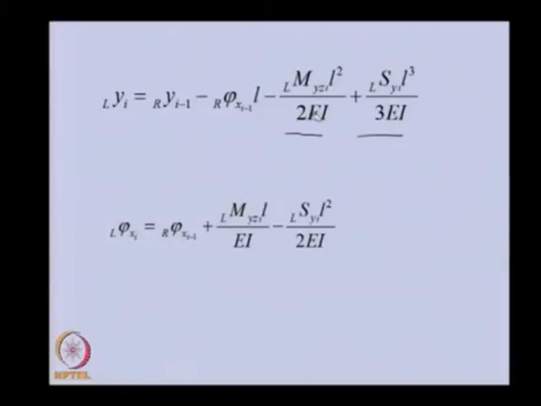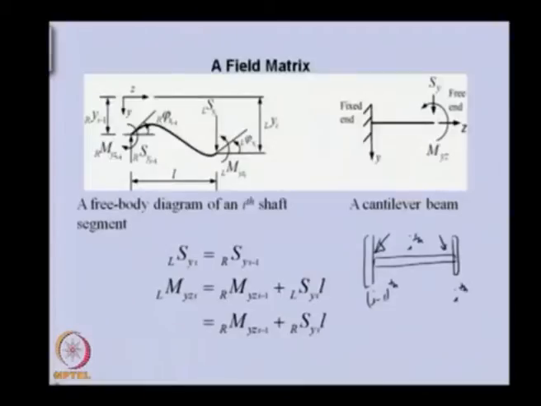Because we are dealing with a linear system, they can be combined. This is while considering the shaft as flexible and the left-hand support as rigid, that means the cantilever case.